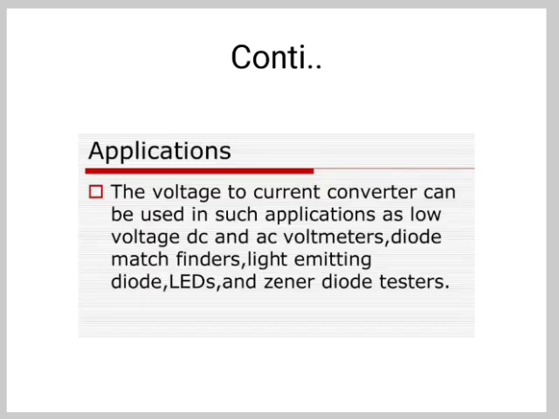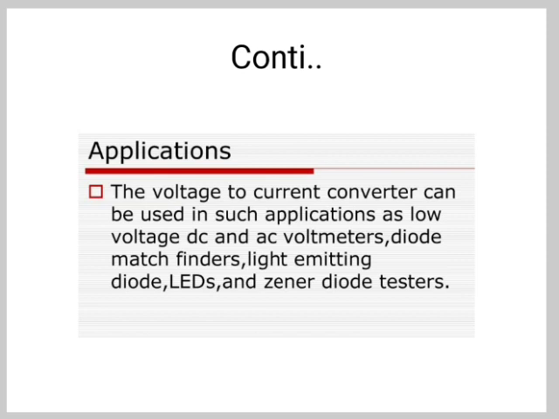Next application: when the switch is in position 3, the circuit becomes an LED tester. When the switch is in position 3, the LED current is set at a constant value by Vin and R1. The LEDs can be tested for brightness one after another at this current.